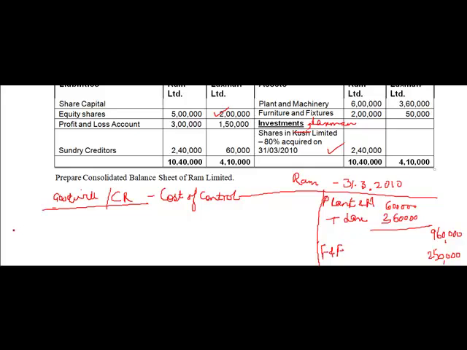The first thing is, I have explained this to you earlier also, but let me explain it again. What is the reason why cost of control comes into existence?